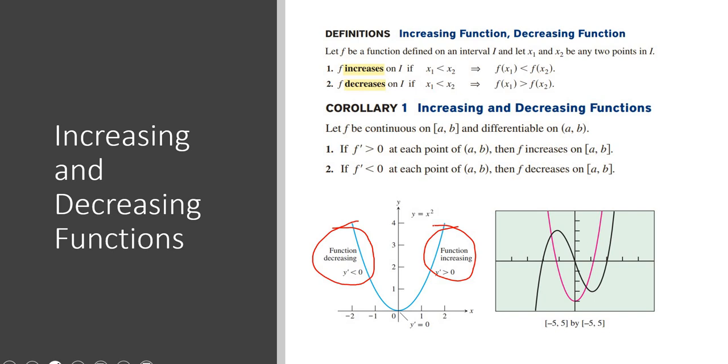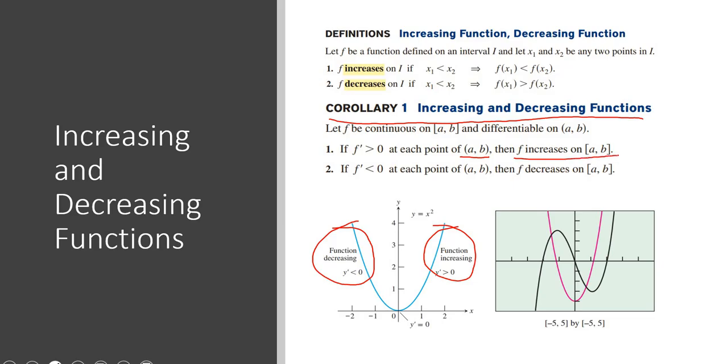And how does this tie into derivatives? Well, let's look at this corollary number 1 here. Let f be continuous on [a, b] and differentiable on (a, b). If f prime, meaning the derivative of f, is greater than 0 at each point of (a, b), then f increases over that interval.